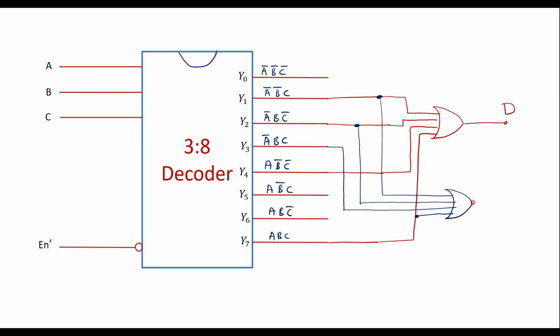The output of this is borrow. So this is the implementation of a full subtractor using a 3:8 decoder. Thank you for watching.